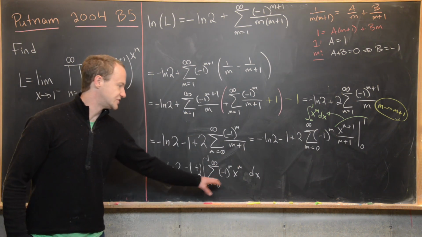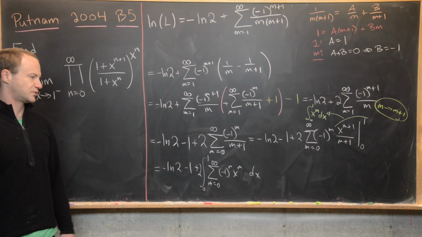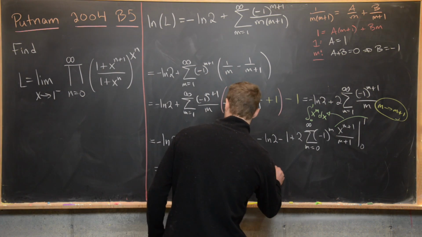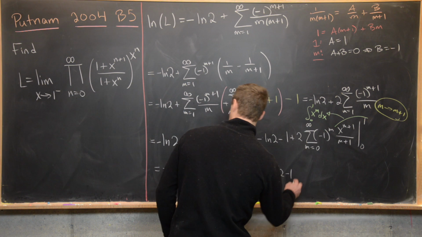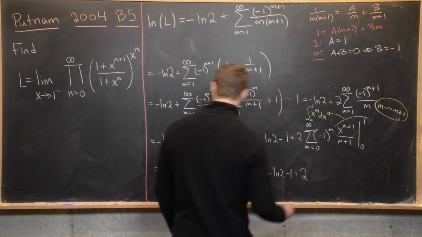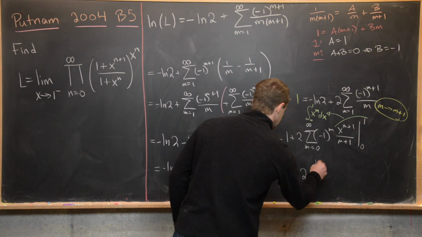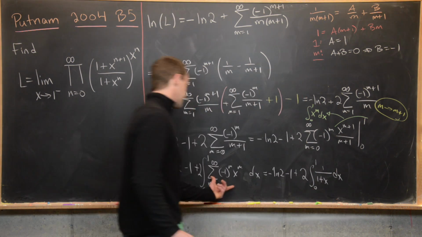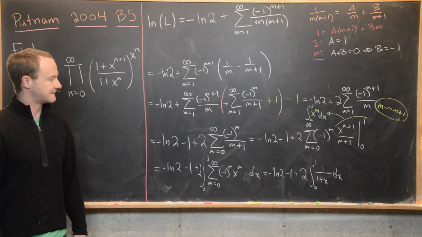But now this is a nice geometric series that we've used pretty similar to it already. So here we have minus natural log of 2 minus 1 plus 2 times the integral from 0 to 1 of 1 over 1 plus x dx. So that's the sum of this geometric series.